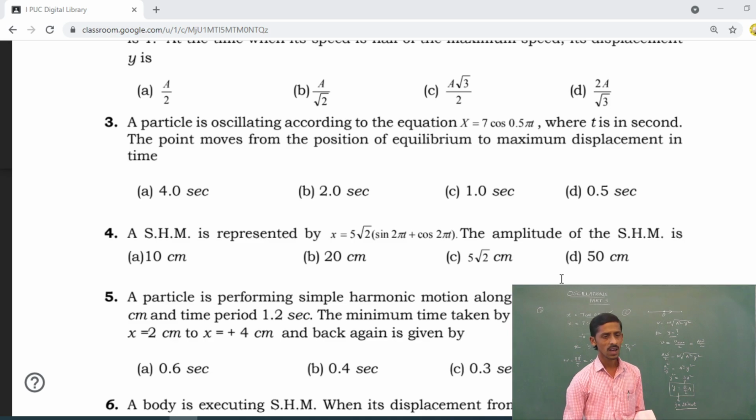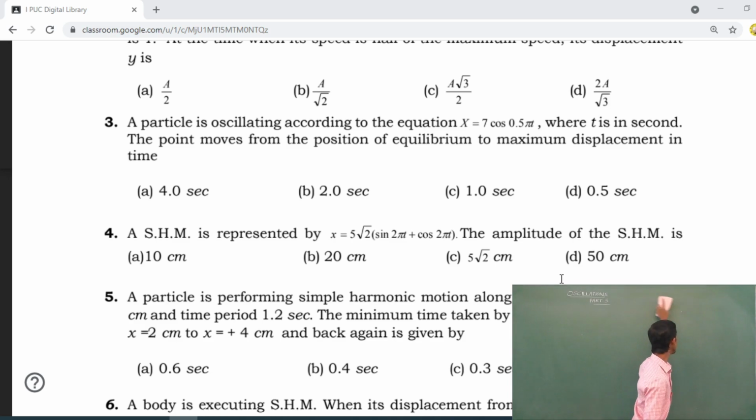Question 4. A SHM is represented by x is equal to 5 root 2 (sin 2 pi t plus cos 2 pi t). The amplitude of the SHM is?